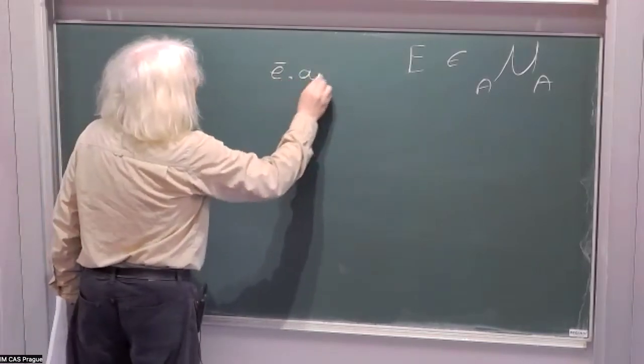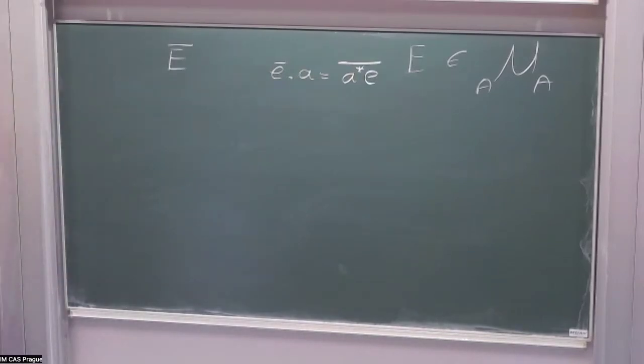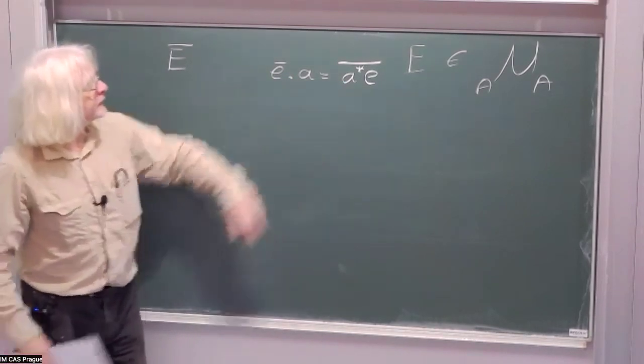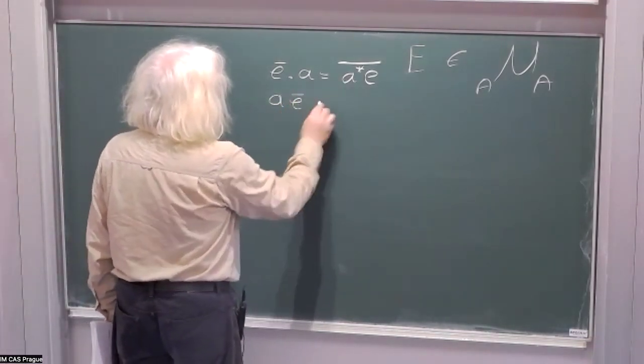and the action is given by taking the star of the algebra element you're acting by and placing it on the other side. And likewise for the other way around.